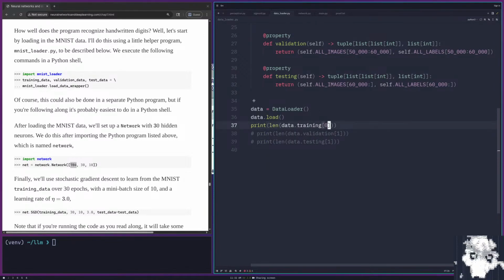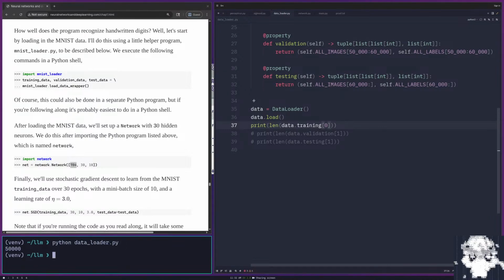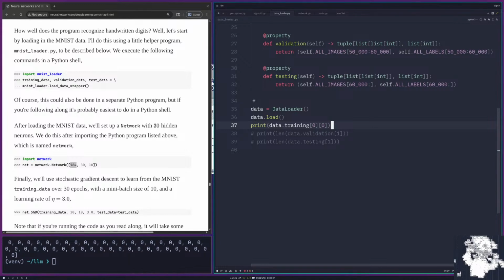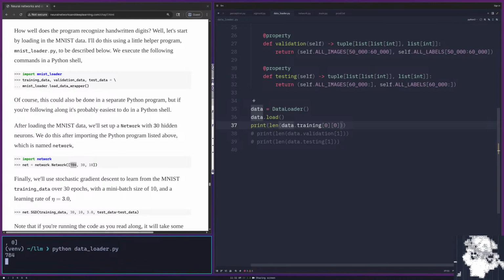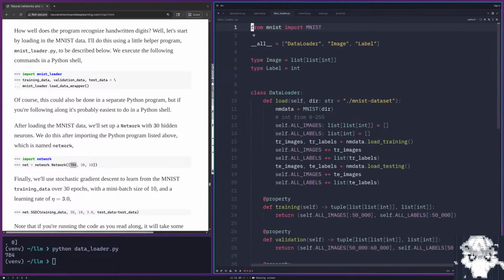Give me the first image. Python data loader. Or yeah, give me the actual first image. I guess give me the length of that. Okay, so this is just a list of ints.